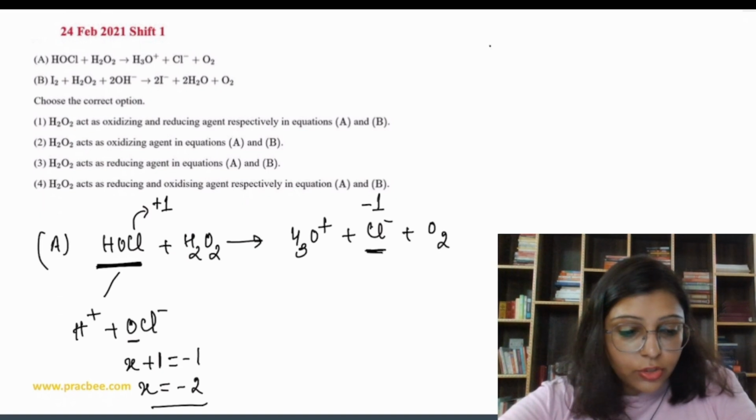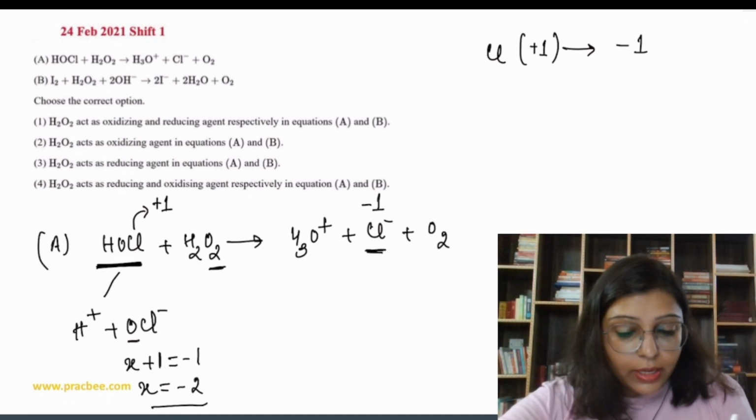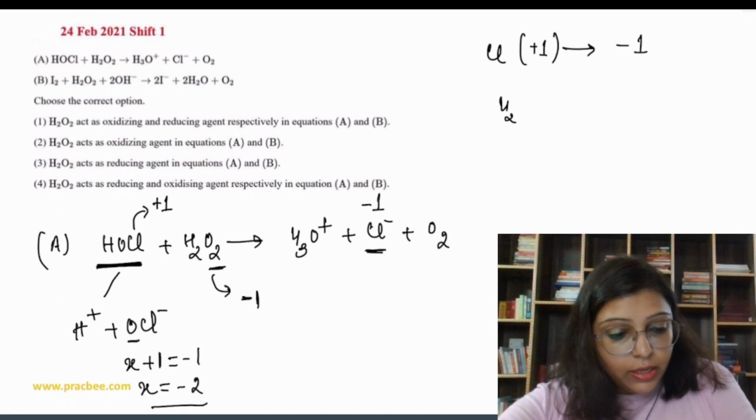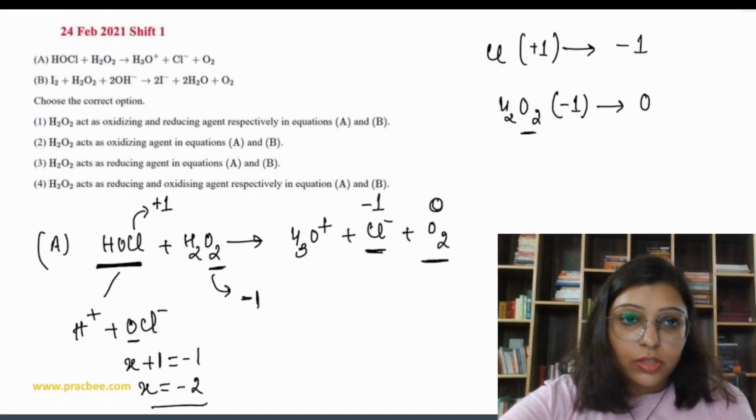So in the first reaction chlorine goes from +1 to -1. Whereas in H2O2, we know that the oxidation state of oxygen is -1, and oxygen goes from -1 to 0, because in O2 oxygen is in the 0 oxidation state.